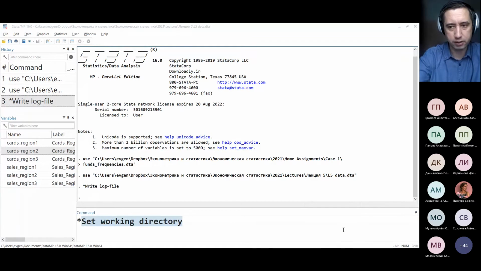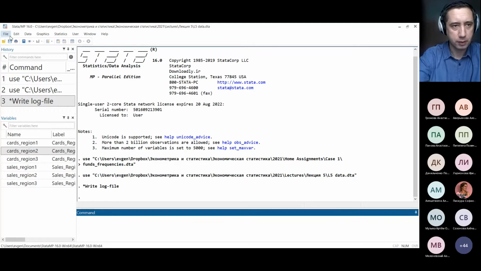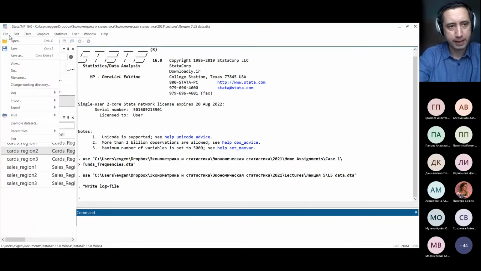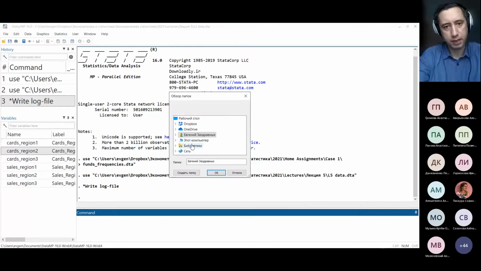Set working directory. To do this, you should click File, and in File, find Change Working Directory. Click Change Working Directory and choose the place where you want to save your output.